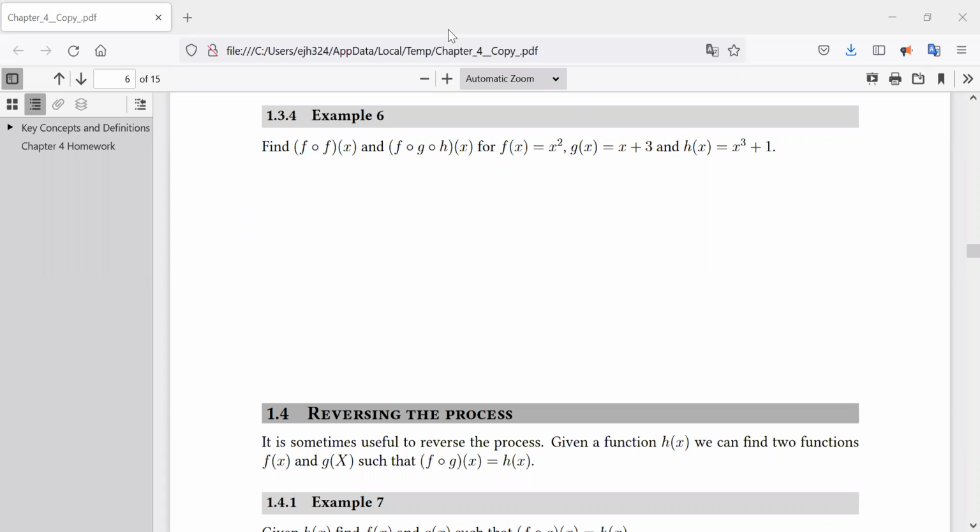So you can compose a function with itself, perfectly valid. So what would that be? That would be f of f of x equal to f of x squared. And everywhere I see an x, I replace it with x squared. So that becomes x squared squared, which is equal to x to the 4th.